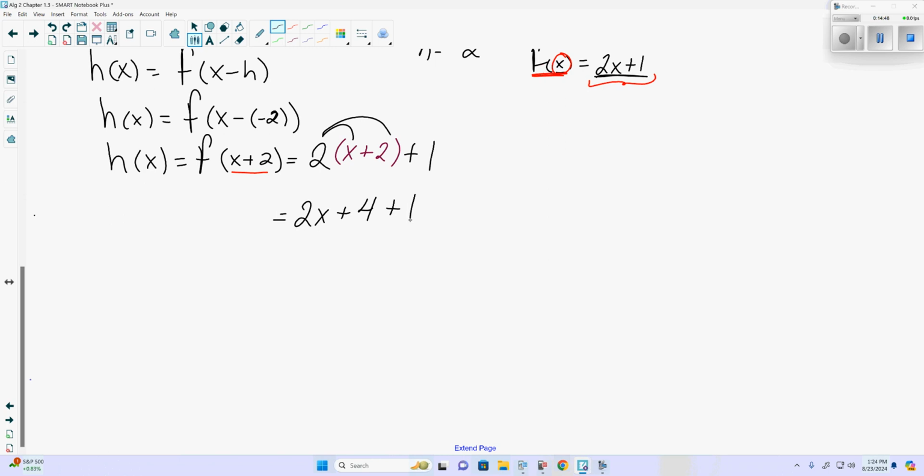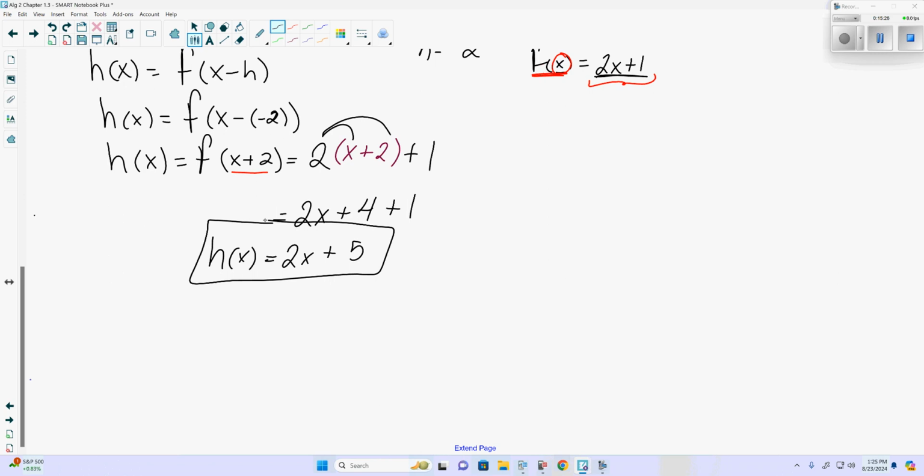Are there any like terms? 4 and 1. 4 plus 1 is 5. That's it. Questions on this here?